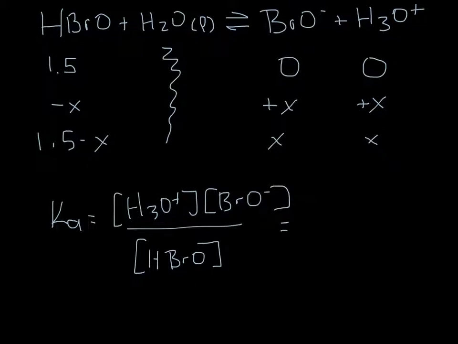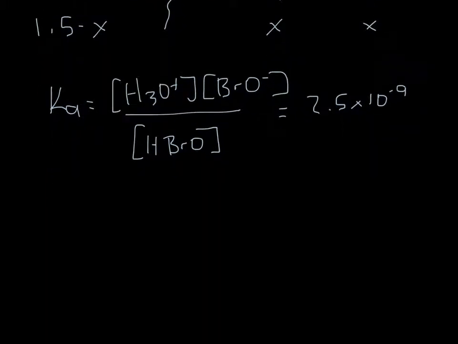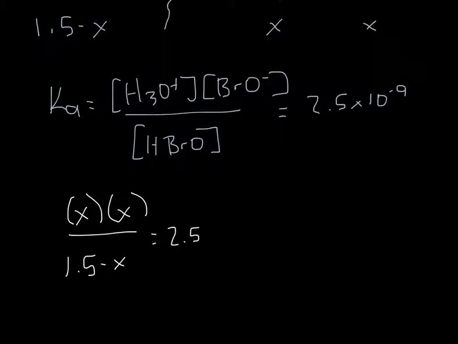And we know that all of that is equal to 2.5 times 10 to the negative 9th for this particular acid. Now we can simply go about solving this algebraically using values from our ice table. We have x times x over 1.5 minus x equals 2.5 times 10 to the negative 9th.